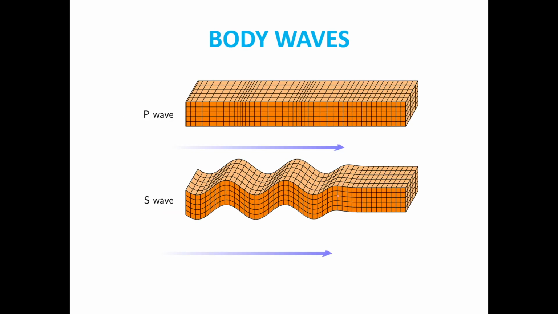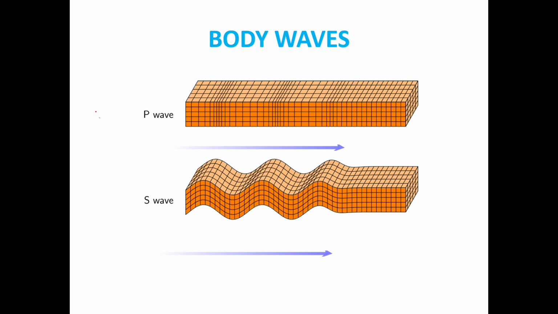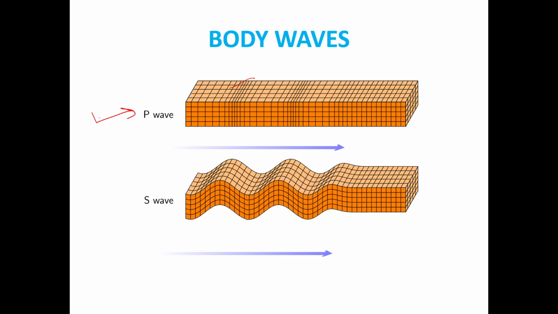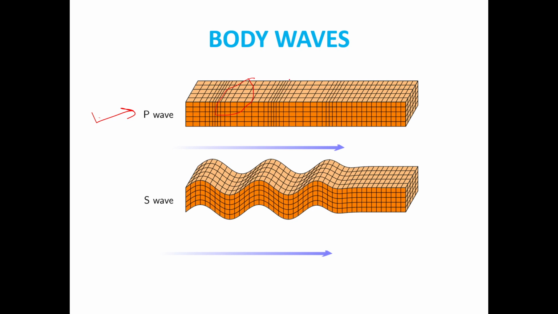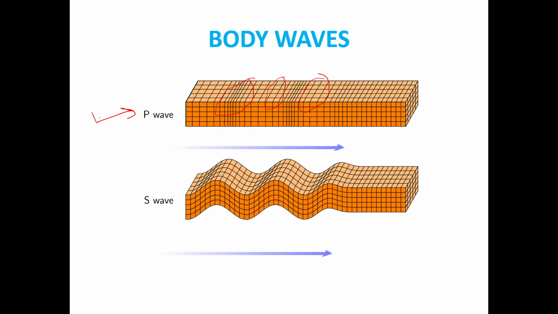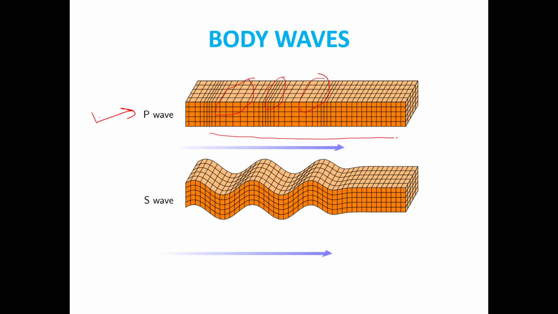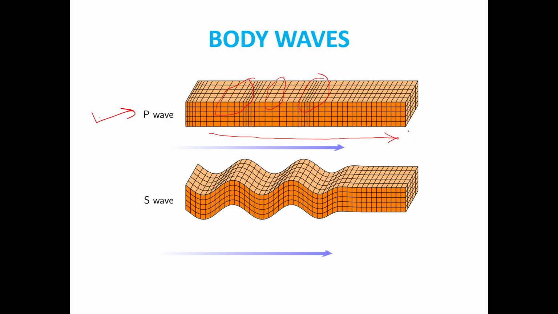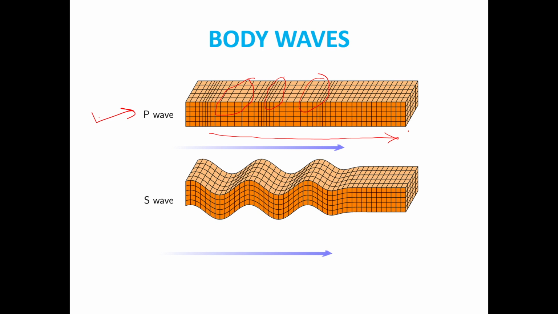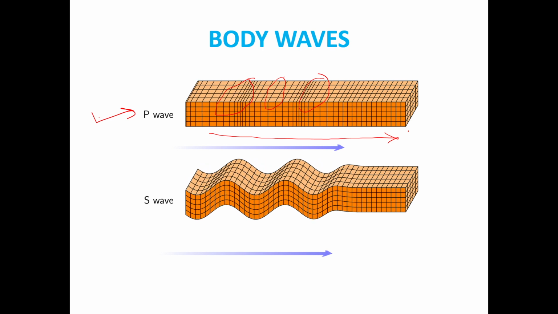We'll see the animation. Right now just focus on this P wave. Here you can see it is getting compressed, then dilation, then compressed, dilation, compressed, dilation. And this is the direction of propagation of the wave. So this is how the P waves travel. Don't look at S waves right now.